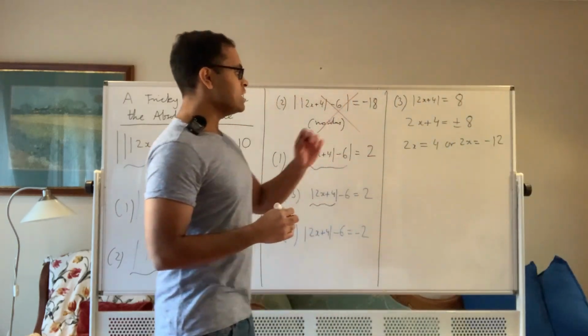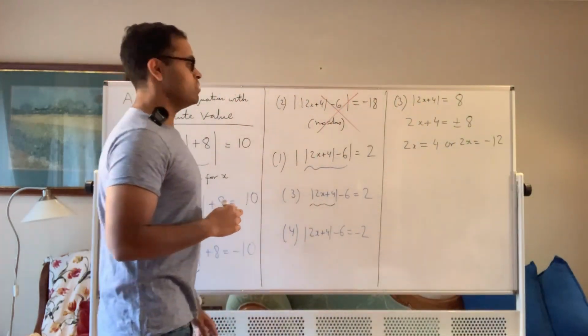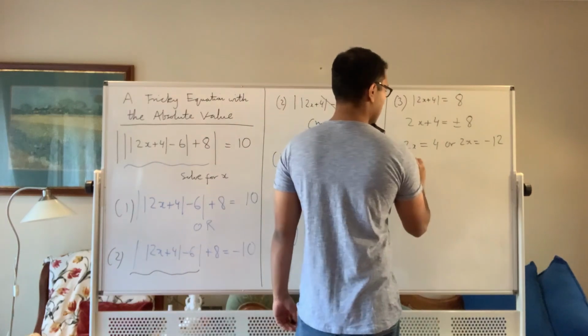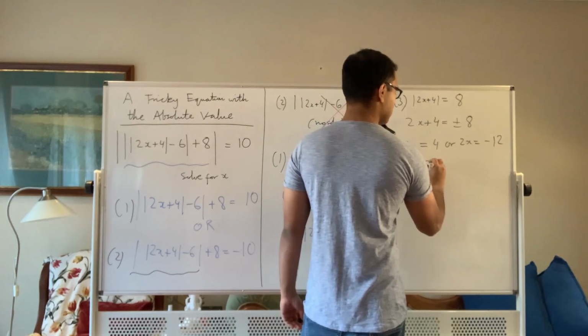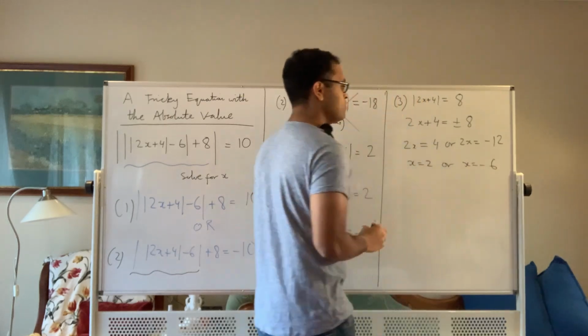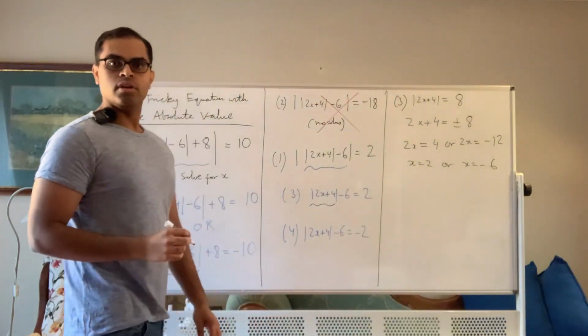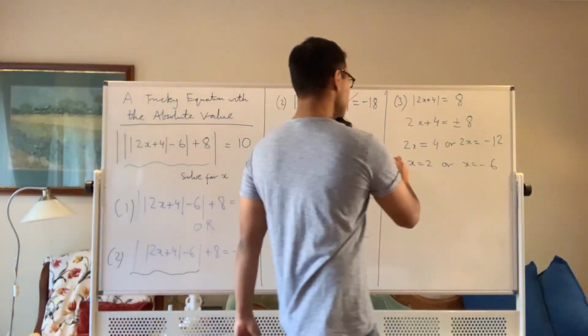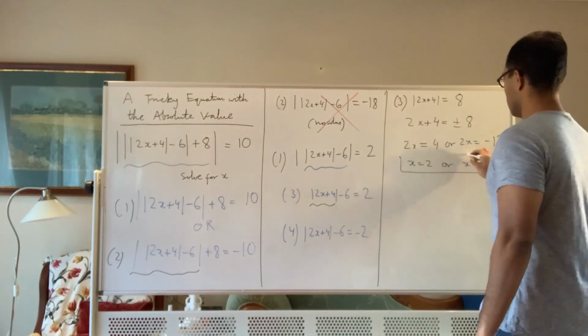You could have done it in one step, but I'm just showing you that this is a way of writing it out. And now we're going to get x is equal to 2 or x is equal to minus 6 if you divide both sides of the equation by 2.